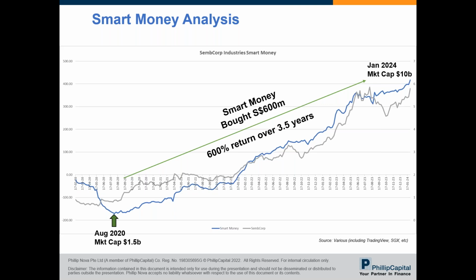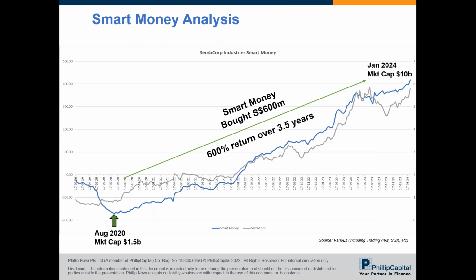Partly this is supported by real money involved in the stock, and secondly, this money is not being thrown into the investment blindly. It is supported by research done by the smart money themselves as well.